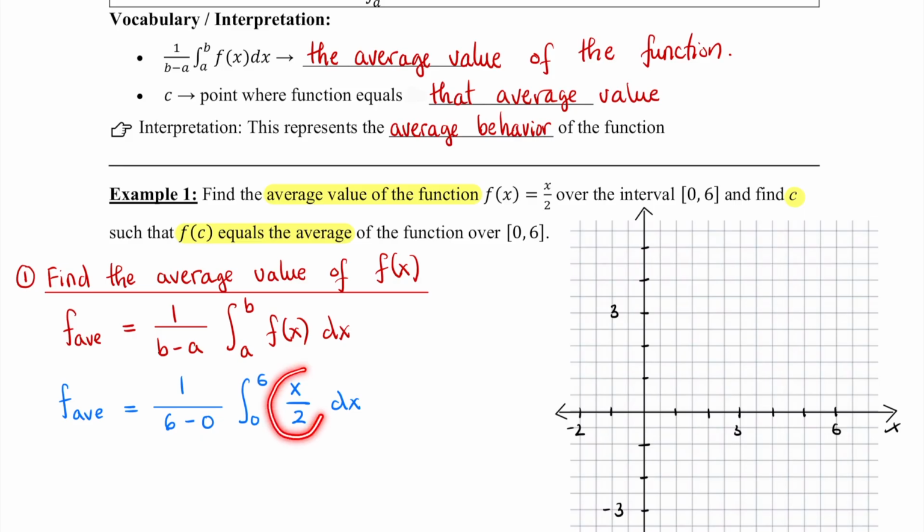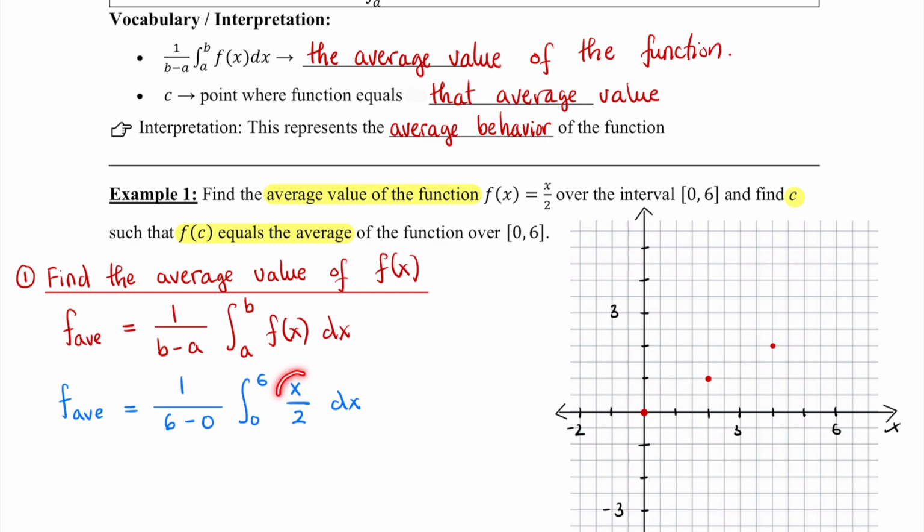This is a linear function. When x equals 0, f of x equals 0. When x equals 2, f of x equals 1. When x equals 4, f of x equals 2.